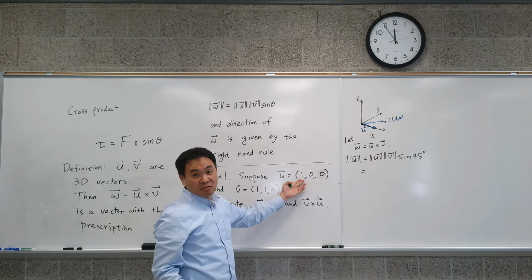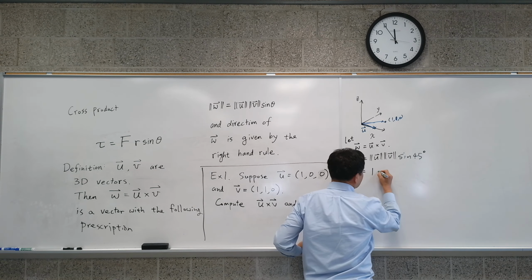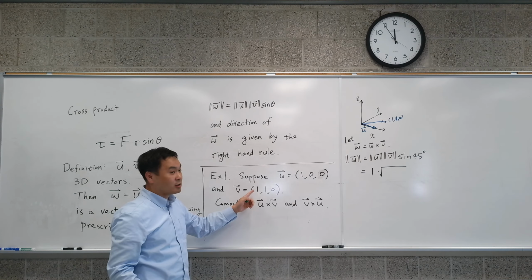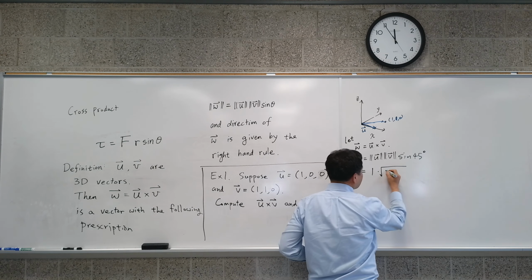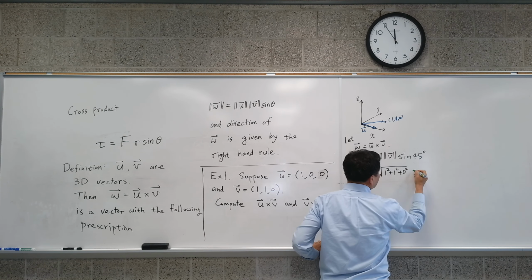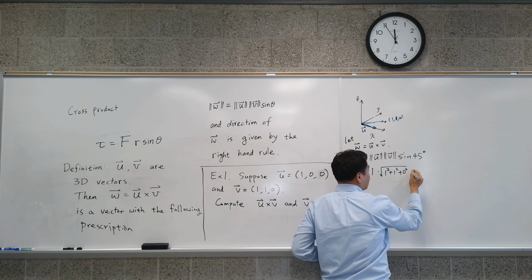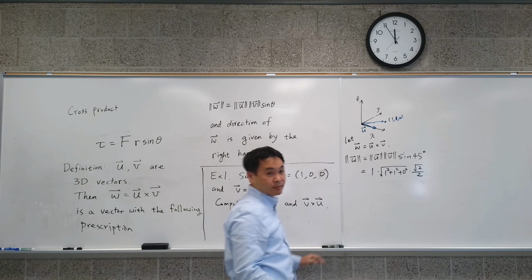Well, the norm of u is obviously 1 because you only took one step, times the norm of v, which would be, again, the sum of squares and square root, so 1 squared plus 1 squared plus 0, and sine 45 is square root of 2 over 2, right?